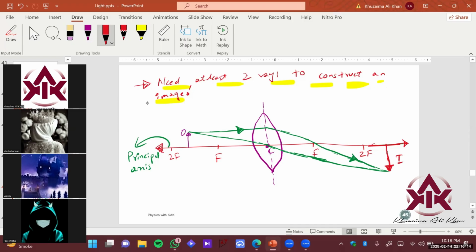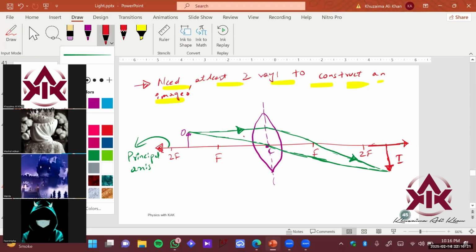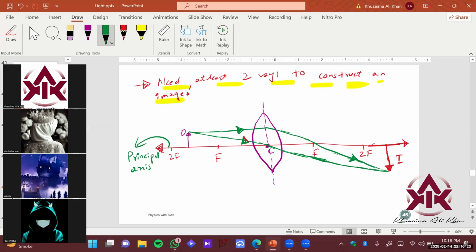Again, draw the arrow for the direction of the ray. That is very important in this scenario. You always have an arrow showing the direction of the ray. So here is your image which is formed here. This is method number one, or you can say method A.